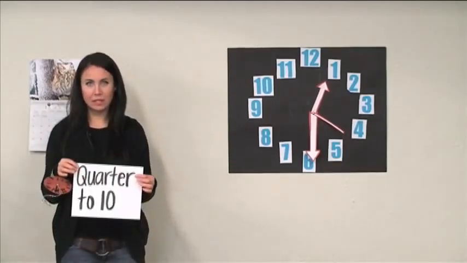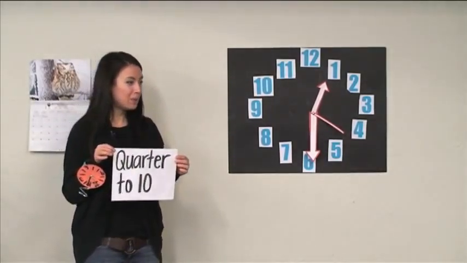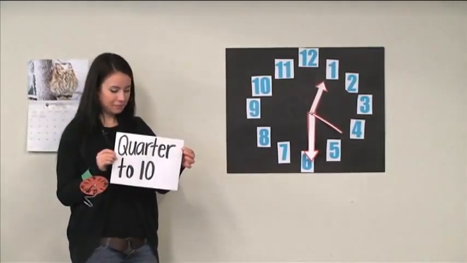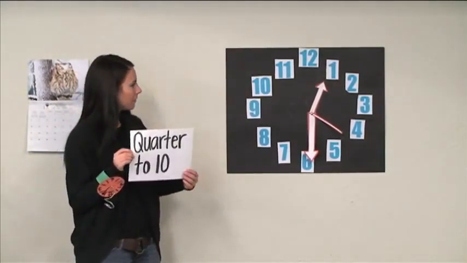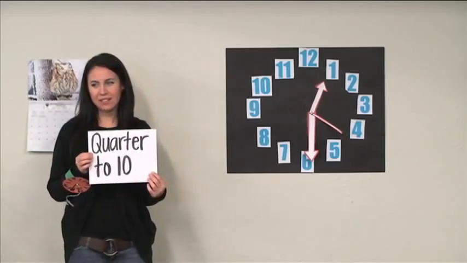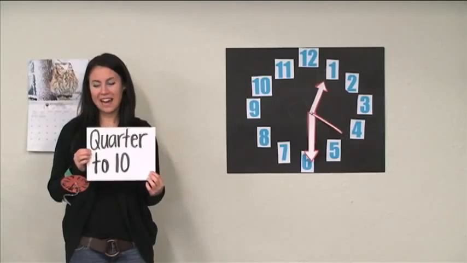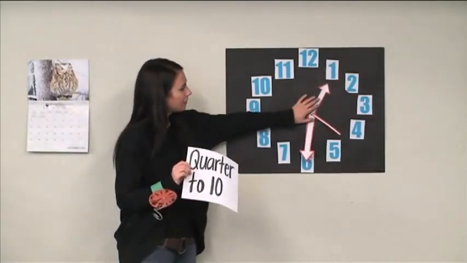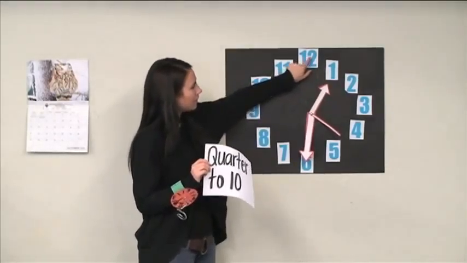This is the one we talked about, quarters. 9:45. So if we go to 10, do we start at the 10 o'clock hour? No? What hour should we start at? 9. We should start at 9. We've got 12.